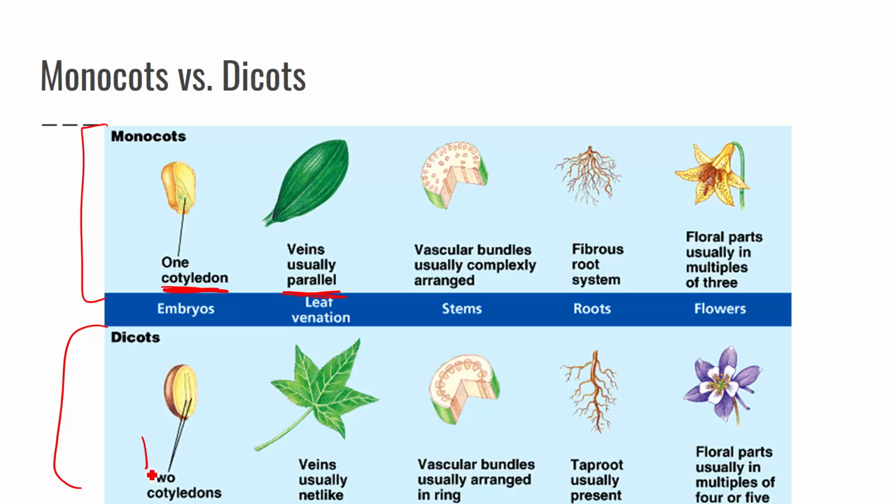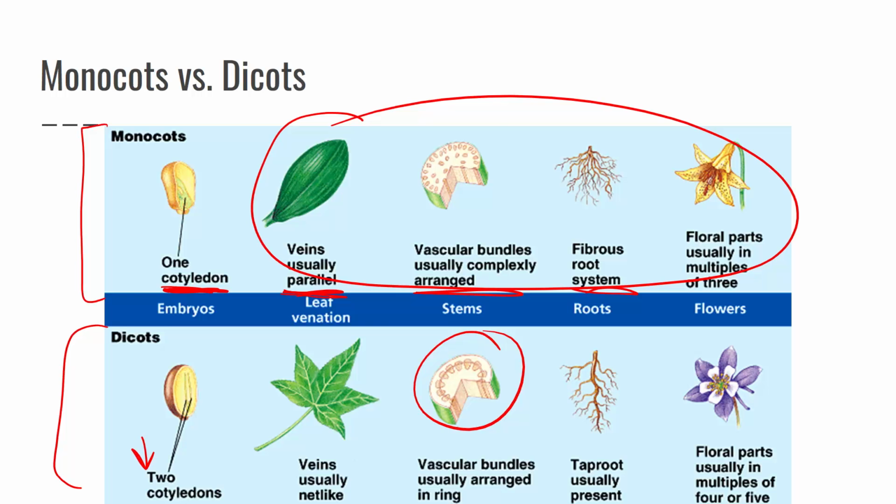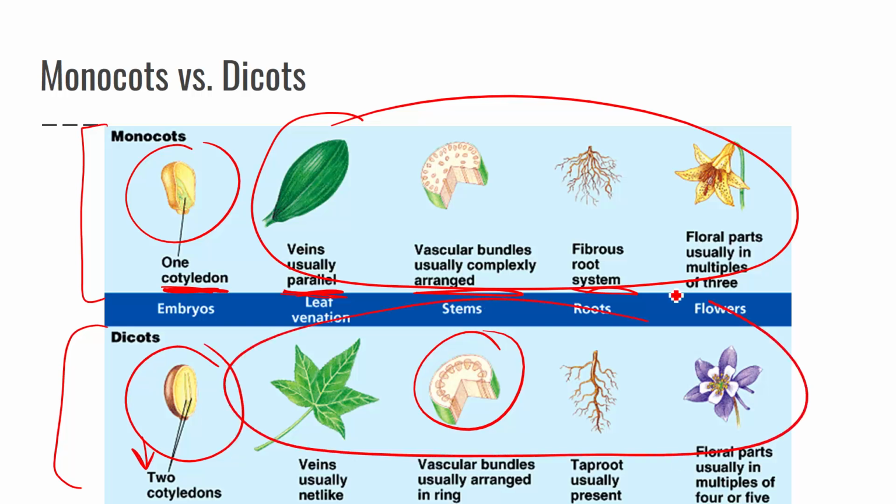This is the decider. If it has 1 cotyledon, it's monocotic. 2 cotyledons, dicotic. Usually, then these things follow, but you could have a monocot with that kind of vascular bundle structure. So it's not a hard and fast rule. This is always, and this is just most of the time. So that's a good catch.